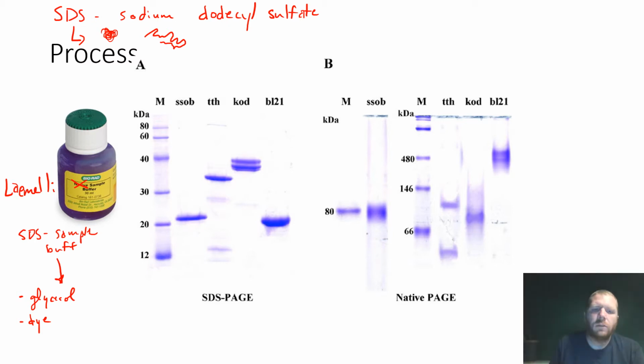Then it also has a pair of reducing agents. And these two reducing agents are maybe the most important part of all this.